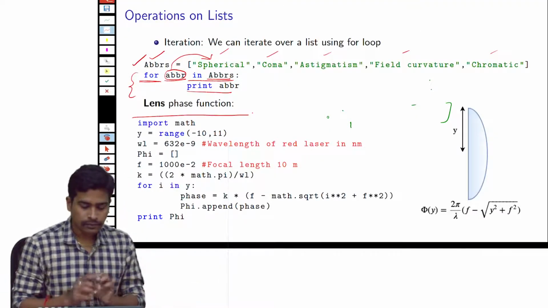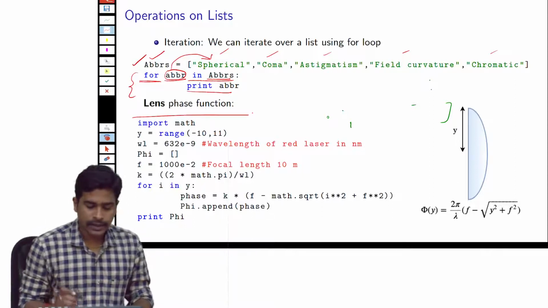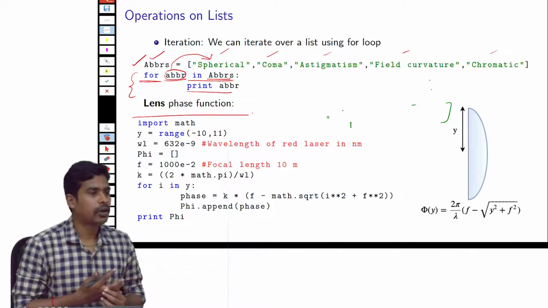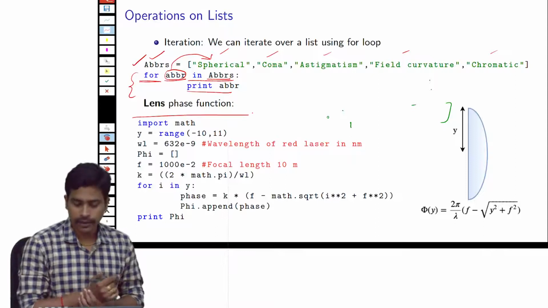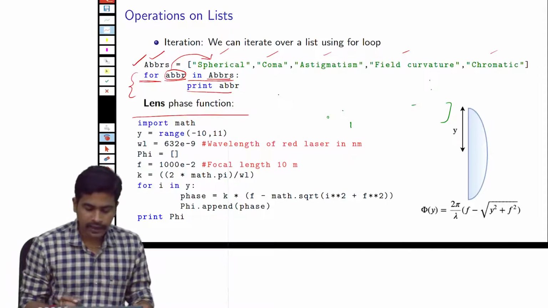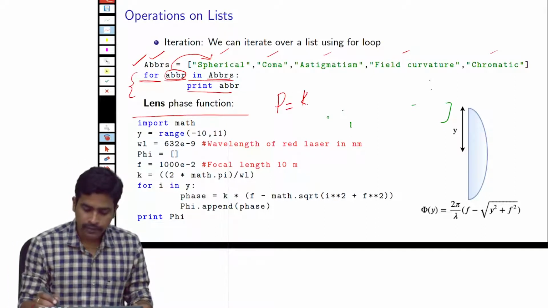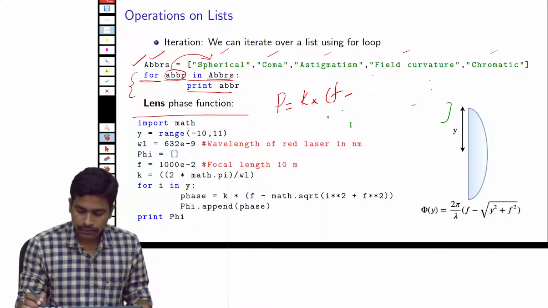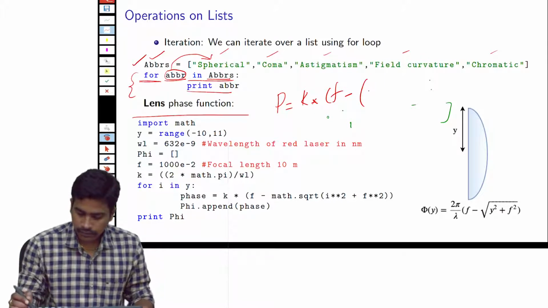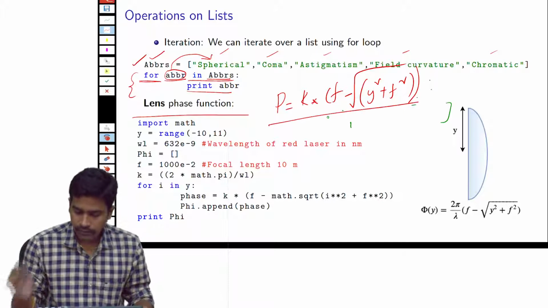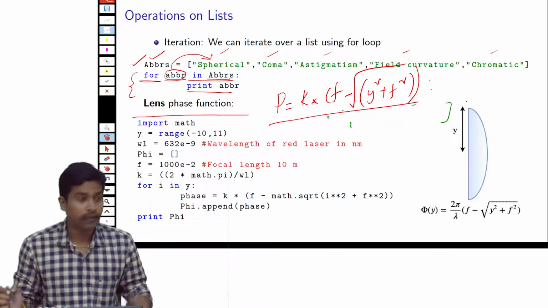Okay, so now let's see an example function where we want to calculate the phase function of a lens. The phase function of a lens is given by this equation. So P is given by k into... so this is the phase function of a lens.